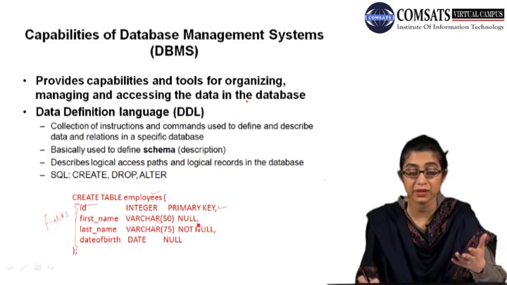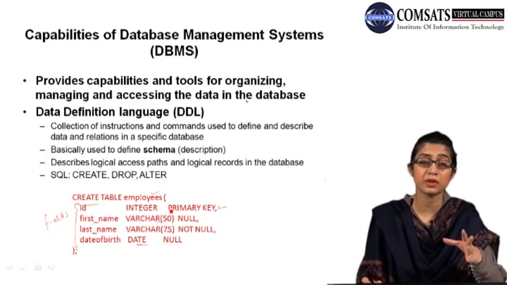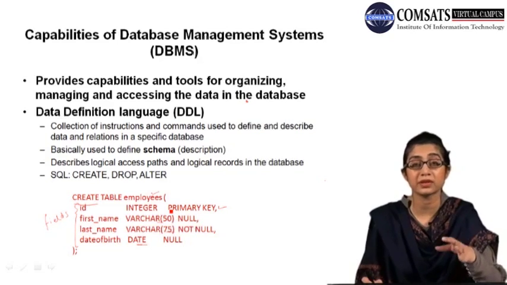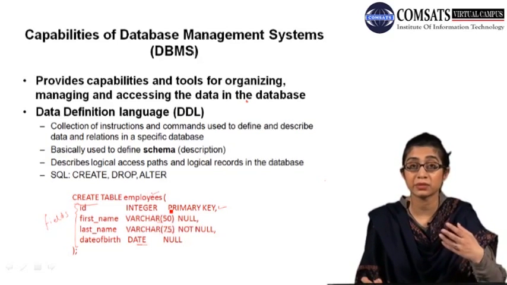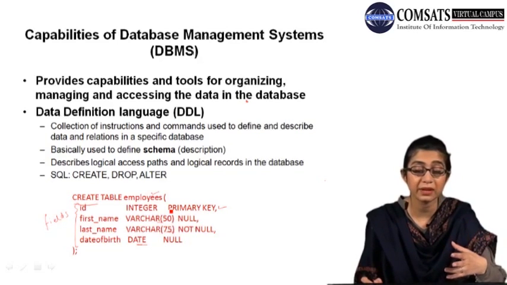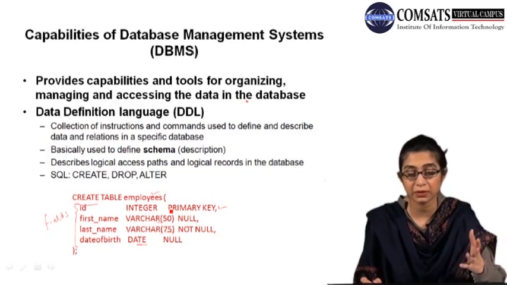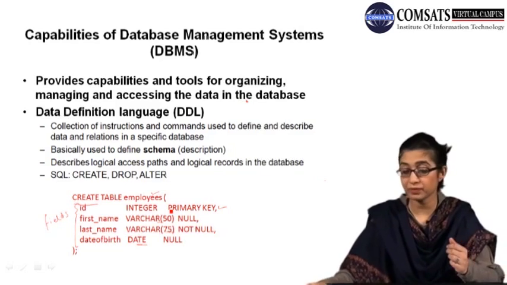This means that it is in a textual form, again textual form, and date of birth is in the data form of a date. So this is a small example of how the data definition language को जब हम use करते हैं, especially when you're using the SQL, तो वो आपके लिए एक schema को किस तरह define करेंगे, या एक object को किस तरह define करेंगे, या एक table को किस तरह define करेंगे.